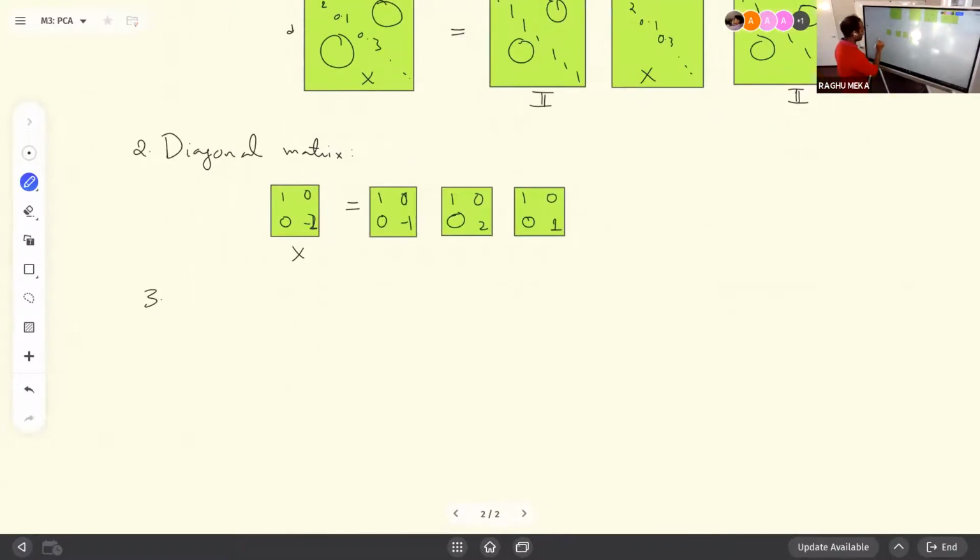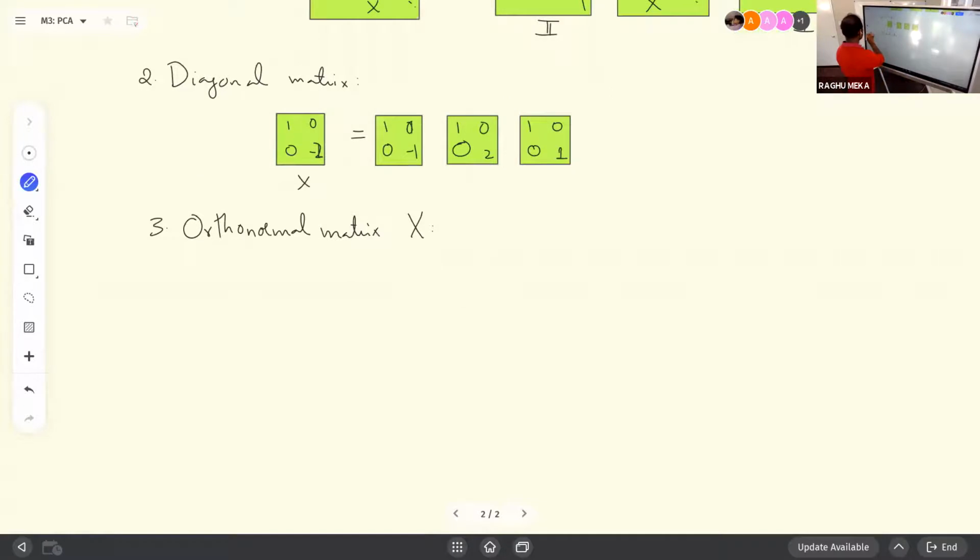Suppose I actually have an orthonormal matrix. I give you a matrix whose columns are already orthogonal to each other. What would be an SVD for that matrix?